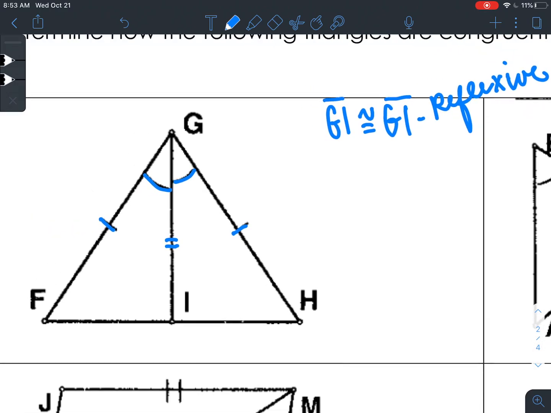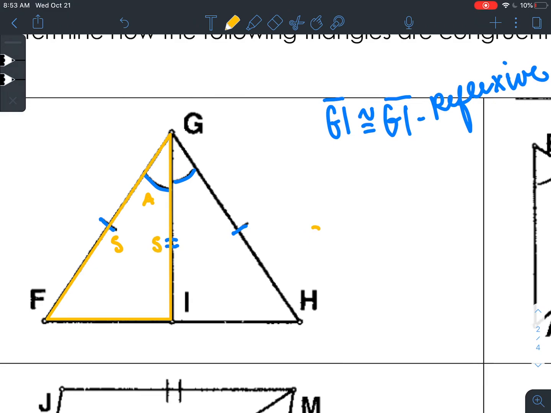So now we have to determine what shortcut I have. The easiest way to do it is actually to look at one triangle. So I'm looking at this triangle, and I'm going to look at what I have marked. I have a side, I have this included angle, and I have another side, right?